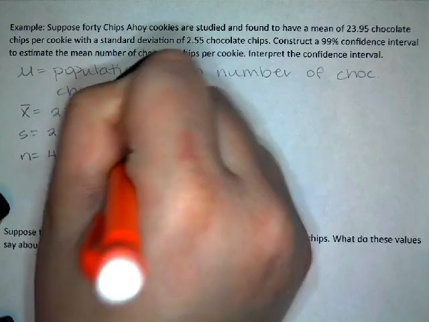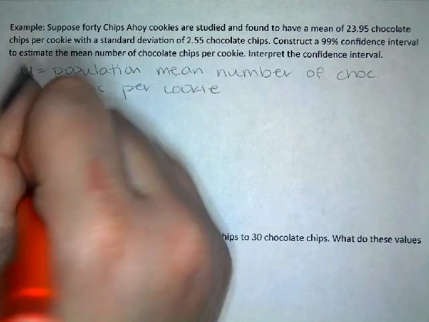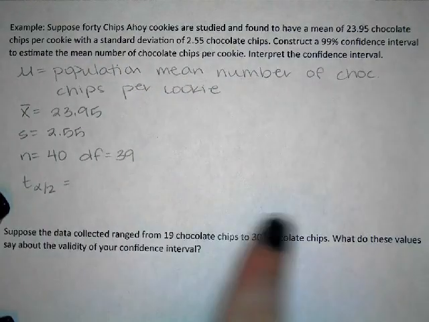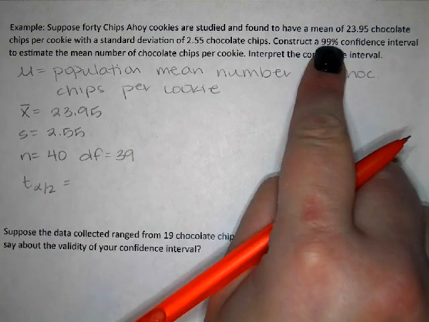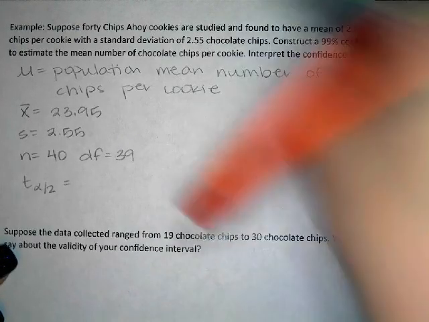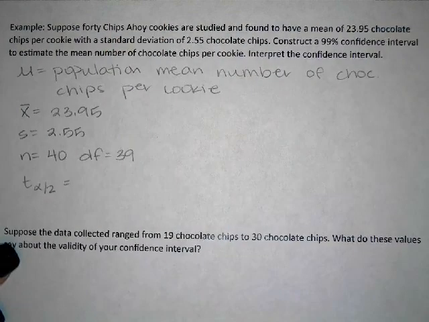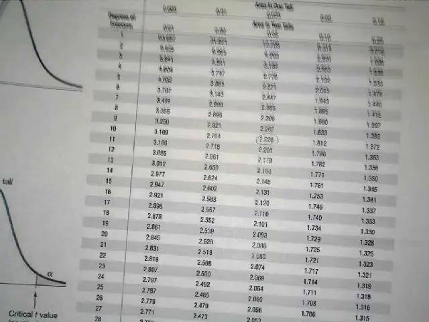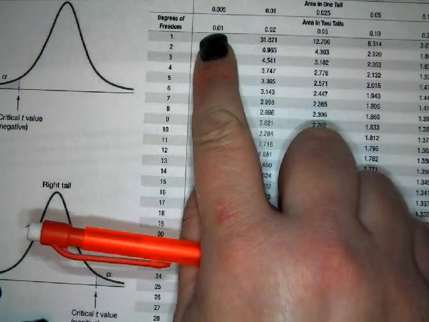And we need to find our critical value. So 99% confidence interval. That means when we look for our critical value, we're going to be using two tails of 1%, 0.01. And the degree of freedom is 39, so we're going to go pretty far down the table for this one. 39, 2.708.